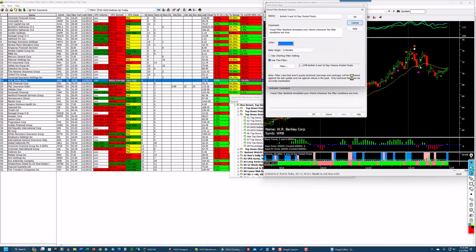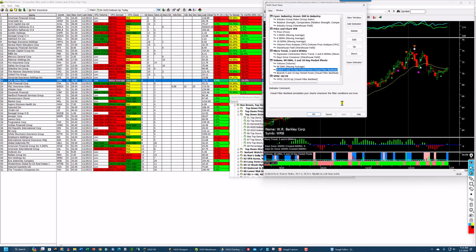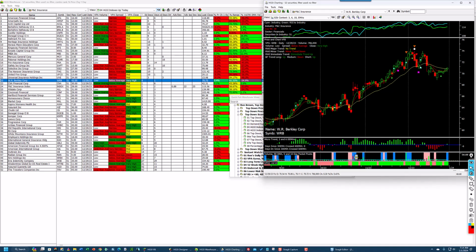It works pretty well to just spot money flowing in with volume. Just look across here and you'll see there are several blue bars as money was coming into the stock.